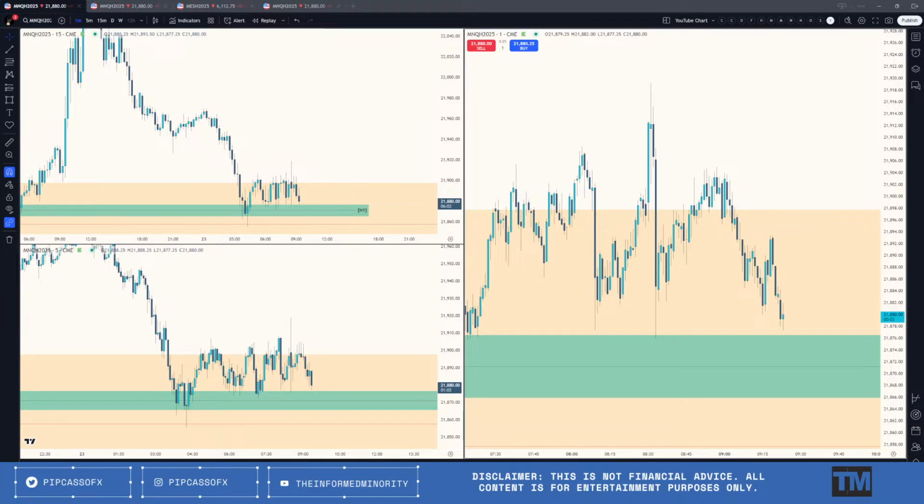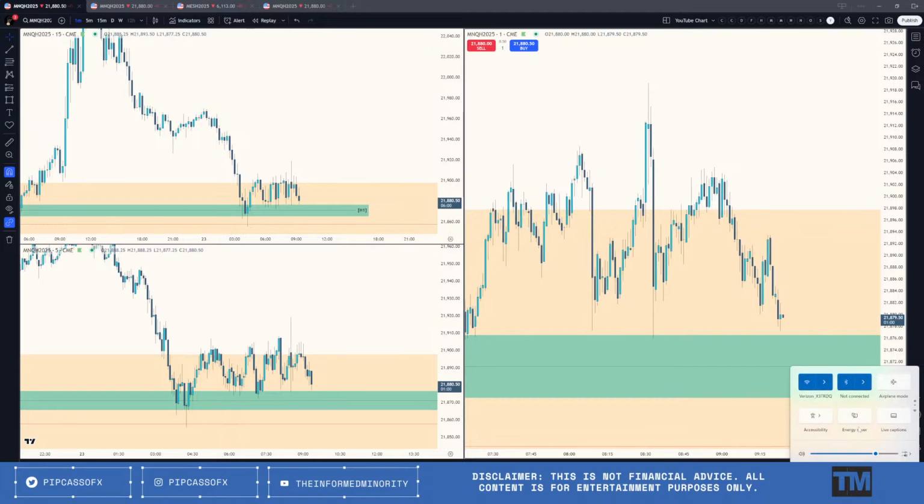I think I have to change my internet. It's just bad. I'm not sure what's going on, why this is acting this way, because it says it's dropping.